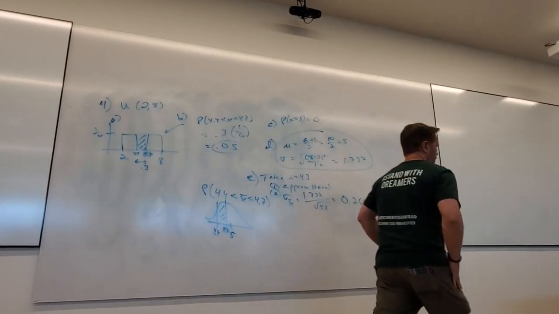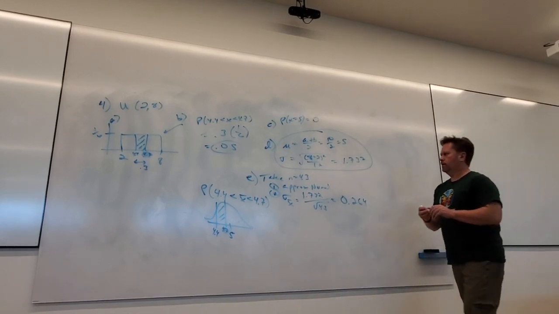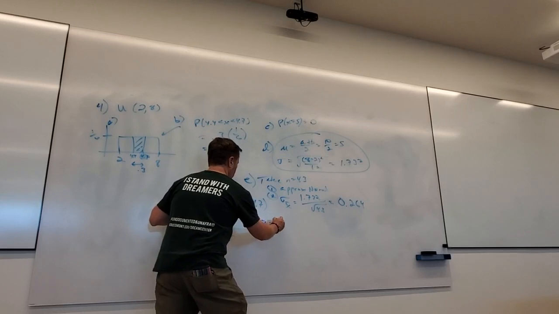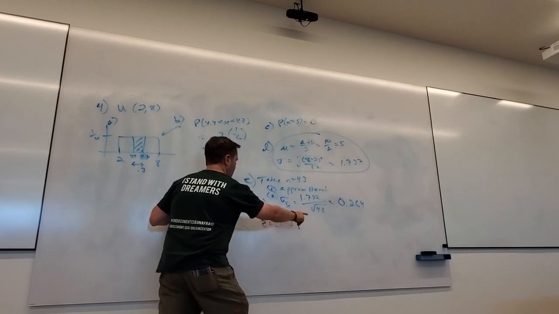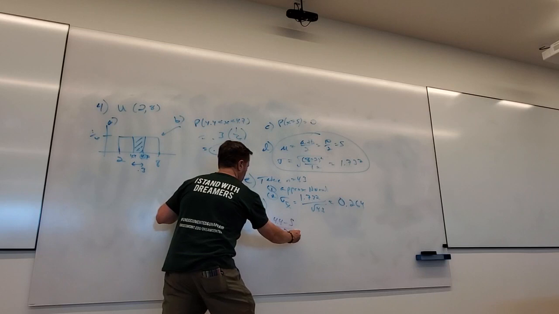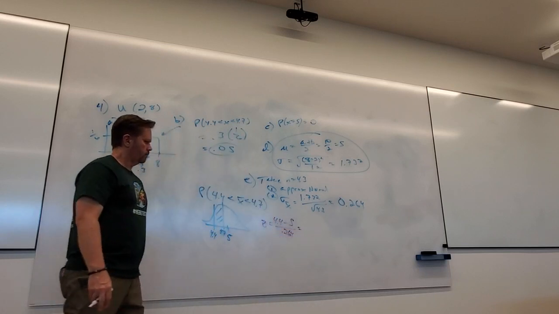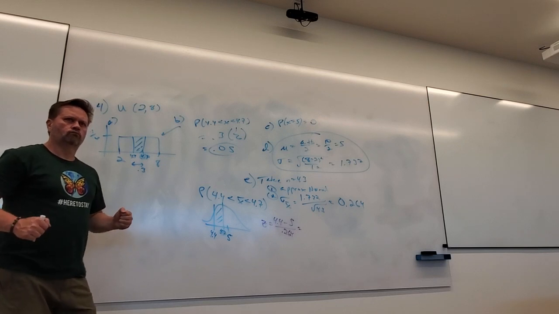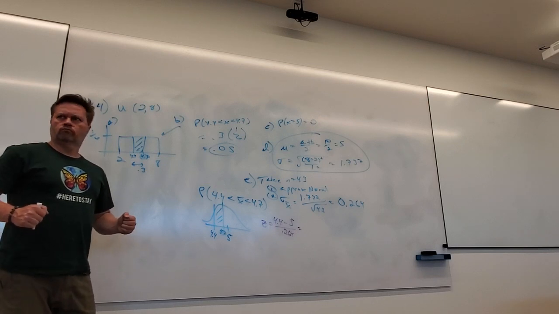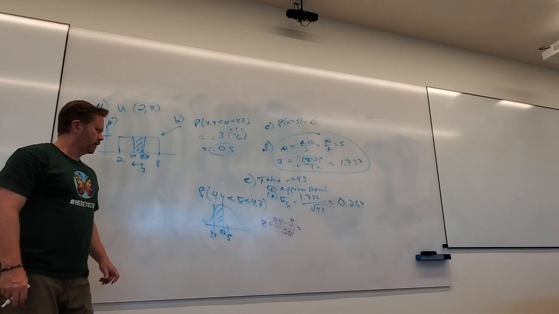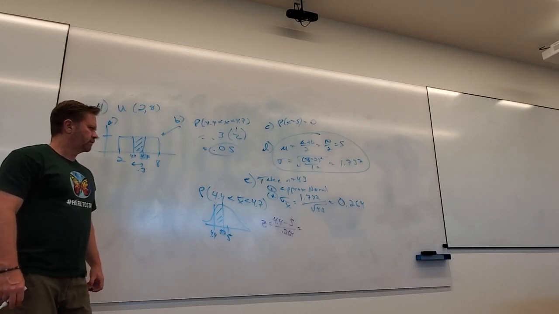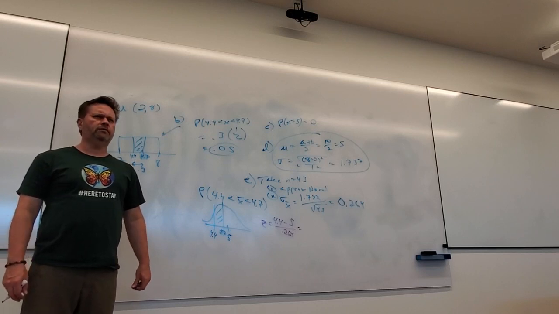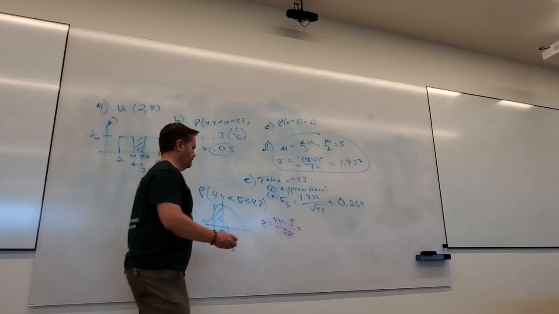All right, let's see, what are you guys getting here? 4.4 minus the mean divided by the spread. Is it like 2.4 or something? Negative 2 point something? Negative 2.27. Okay.